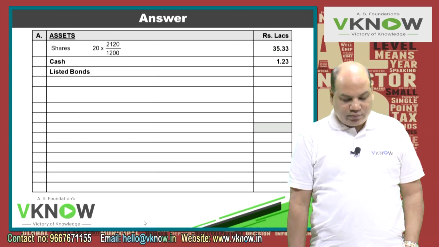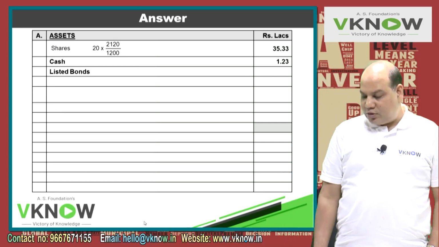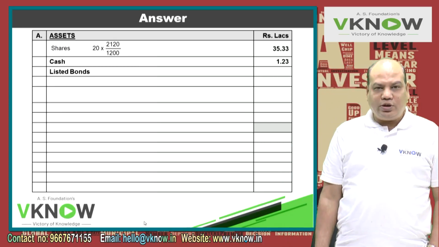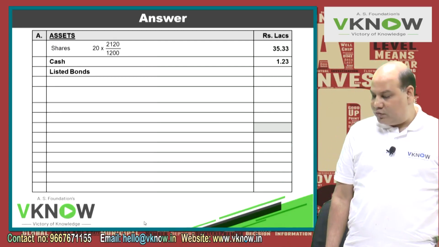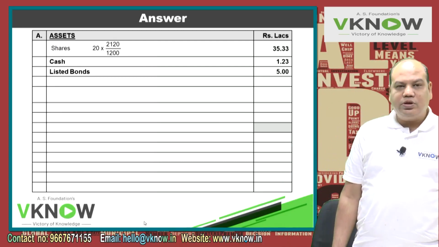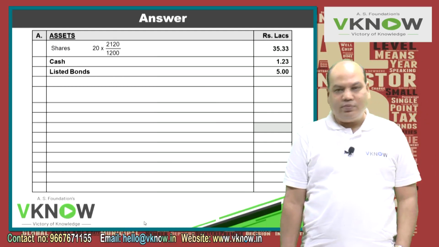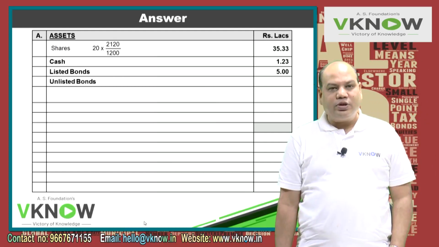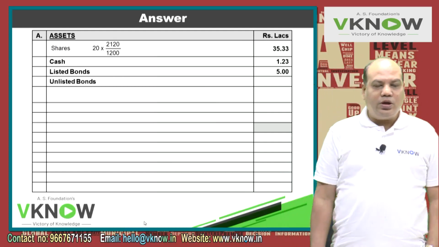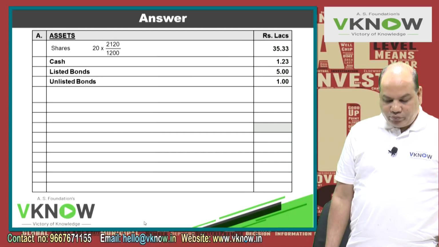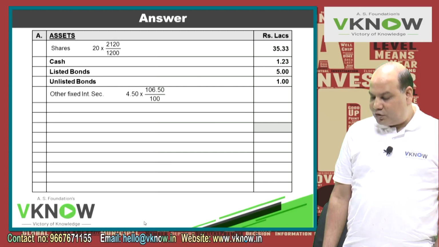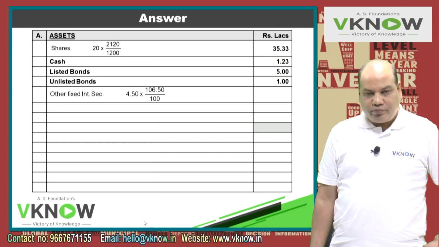Listed bonds. Bonds and debenture I will divide into 2 lines. Listed bonds and debenture 5. Unlisted bonds and debenture 1.